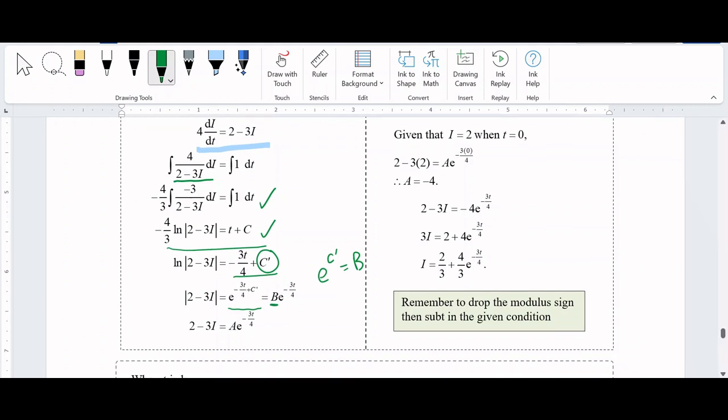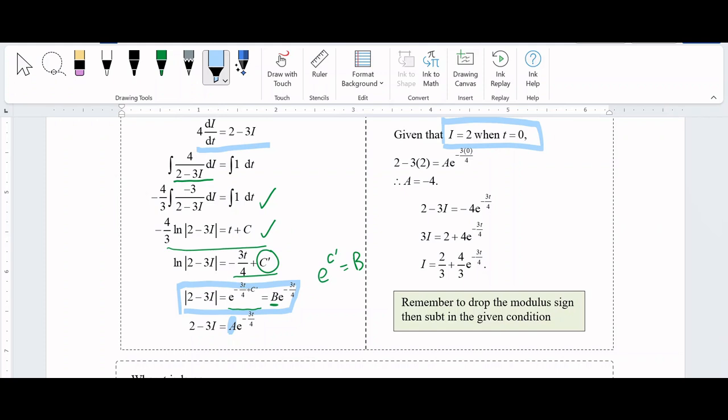Now next, you notice that we decide to drop our modulus, and when we drop our modulus, we will change our arbitrary constant b to a. Again, it doesn't matter, you want to change it to a d, that's totally fine as well. But what is important is that why did we drop the mod first before substituting the given condition? If you recall from the earlier example, we already said before, you should drop the modulus first, then sub in your condition.